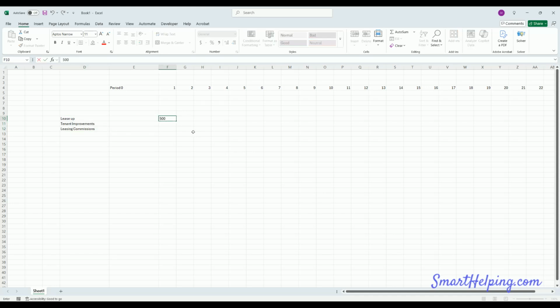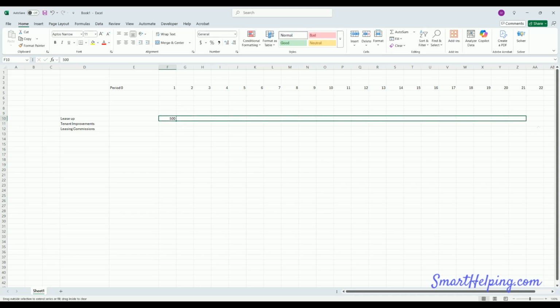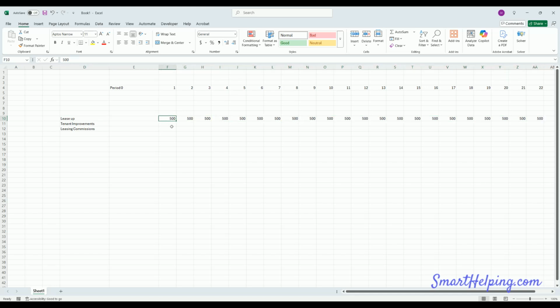Let's just say you have some random expenses here for the first few months for lease up. And these could be a combination of all kinds of different expenses. And let's say you've got tenant improvements happening here over time, maybe some here.